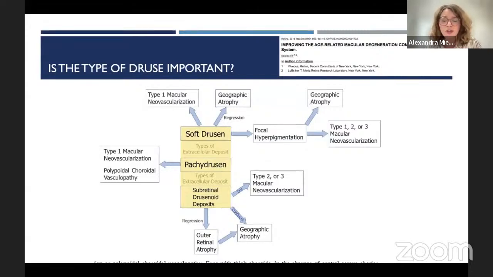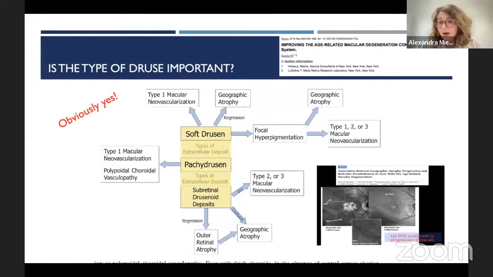And this is an article from Rick Spaide, but there are many, many papers in the literature which show the importance of the type of drusen for the prognosis to late AMD, either exudative or atrophic. And in the case of subretinal drusenoid deposits or reticular pseudodrusen, we know now that it is associated classically with both type 3 neovascularization, but also with the development of geographic atrophy.